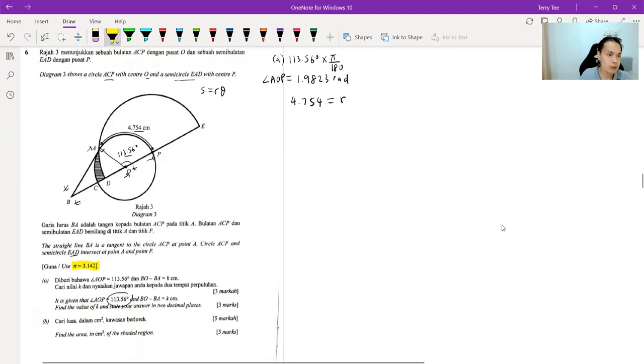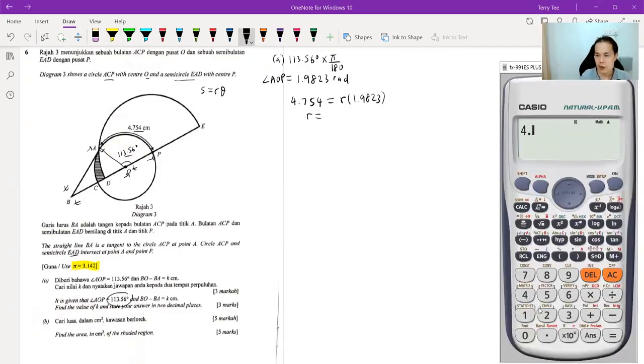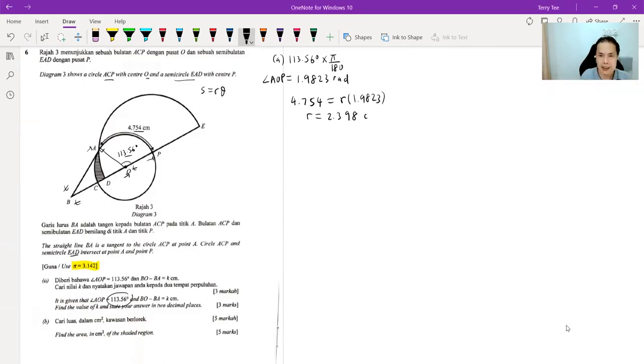Your theta is 1.9823. Let's find the value of R. Take 4.754 divide 1.9823. I got 2.398, so my radius is 2.398 cm.